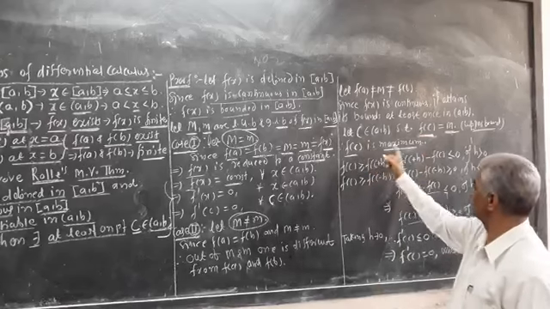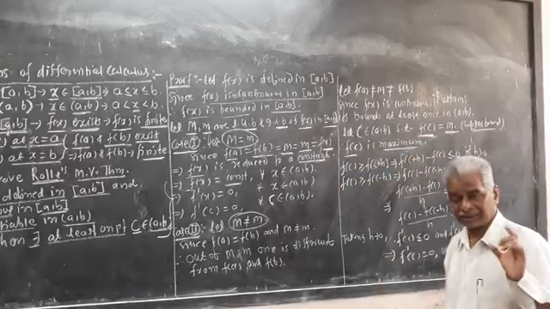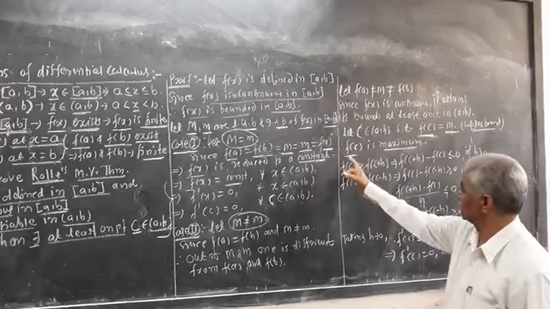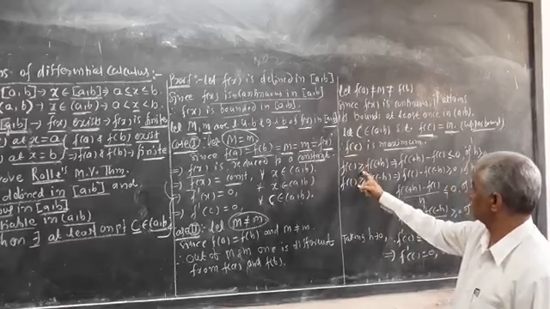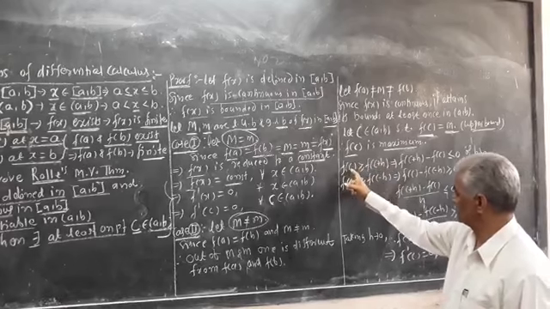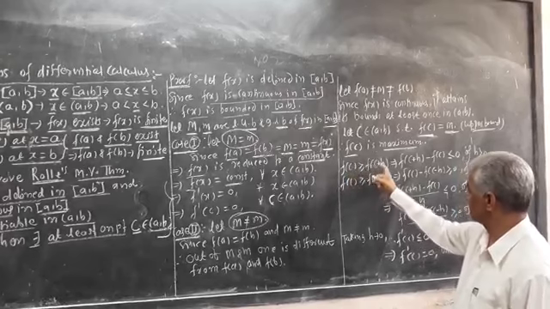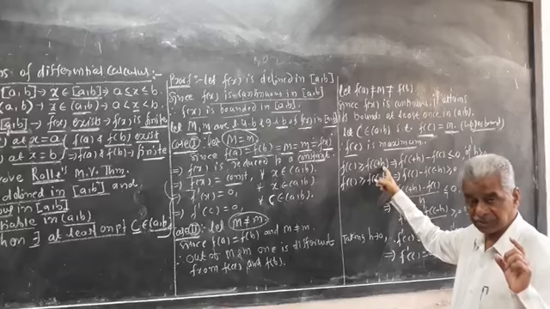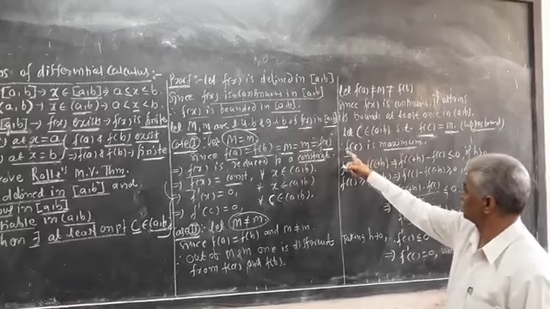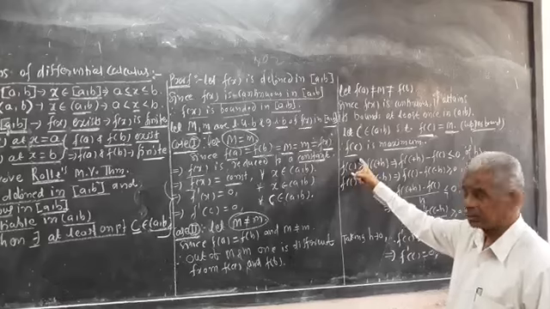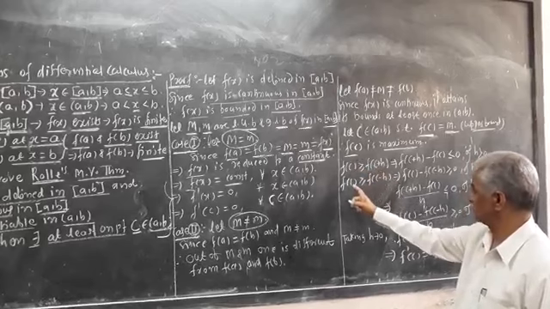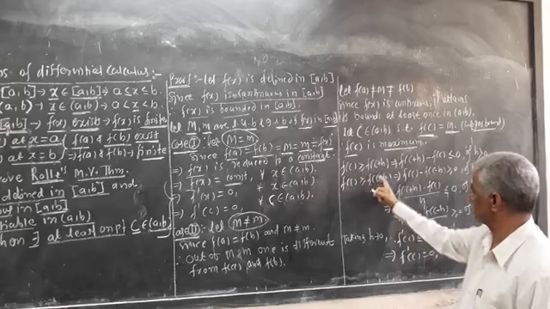Now f of C is the maximum value, then according to the definition of maximum and minimum value, here f of C is greater than or equal to f of C plus h, means f of C is the value at C and f of C plus h is the value at C plus h. Since f of C is the maximum value, it is greater than any other value, that is f of C plus h, and also f of C is greater than f of C minus h.